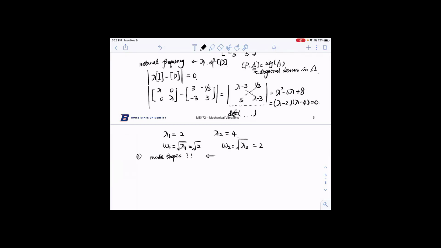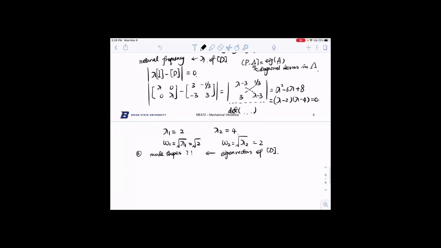The mode shape is just the eigenvector of D.